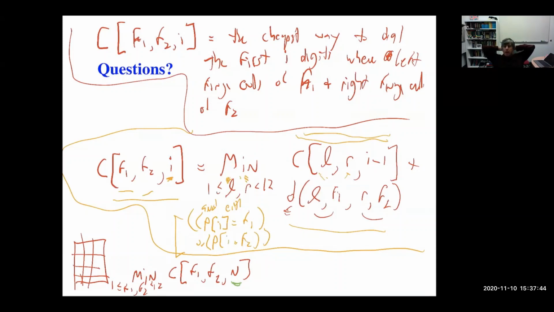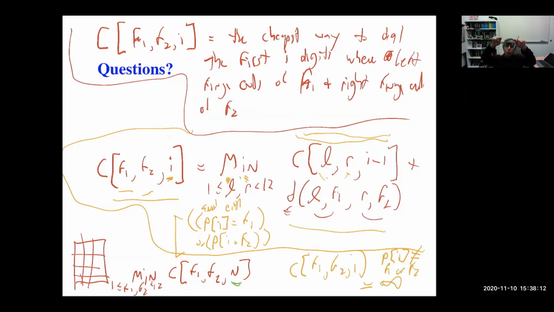Any questions about it? Otherwise, for all the ones where C sub F1, F2, I, where phone of I is not equal to either F1 or F2, I probably want that to be infinite.